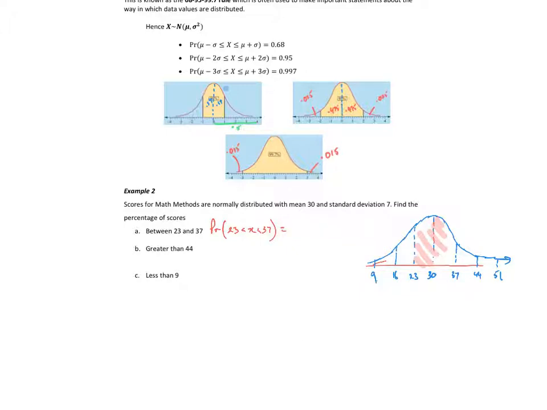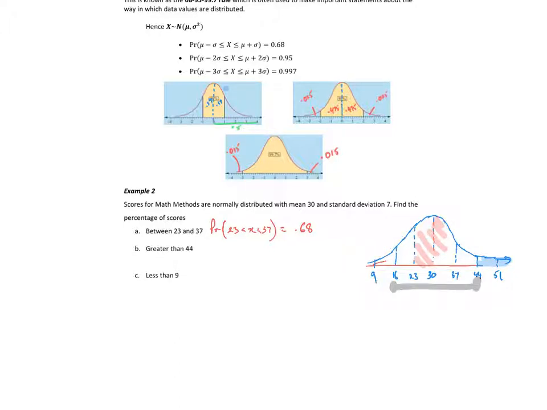One standard deviation, which is 0.68. Now, X greater than 44 is that section there. So what does that mean? Let's have a think about that. 44 is 2 standard deviations. So from 44 to 16 is 95%.